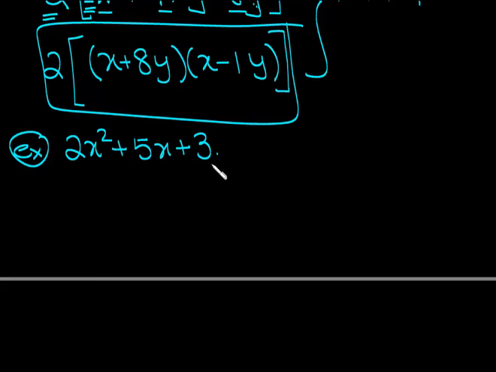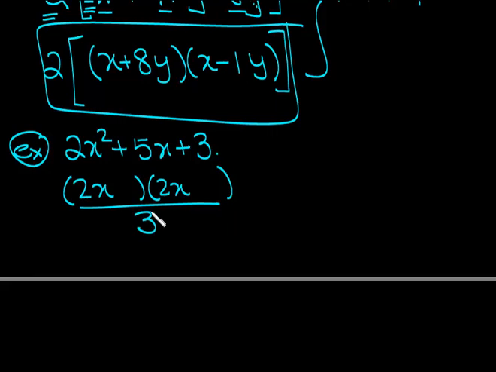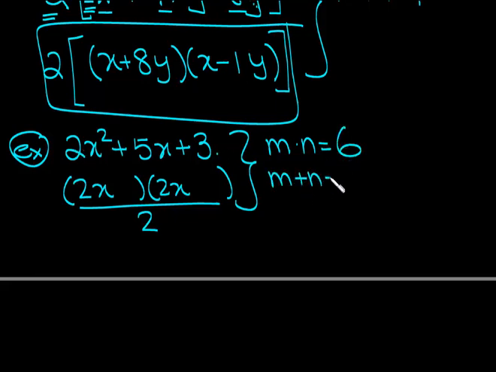So nothing in common. There's a leading term, degree 2, so we want to use the AC method. We have 2, 5, and 3. I want two numbers. When I multiply, I get 2 times 3 is 6, and when we add, we get the middle term, which is 5. What two numbers behave that way?